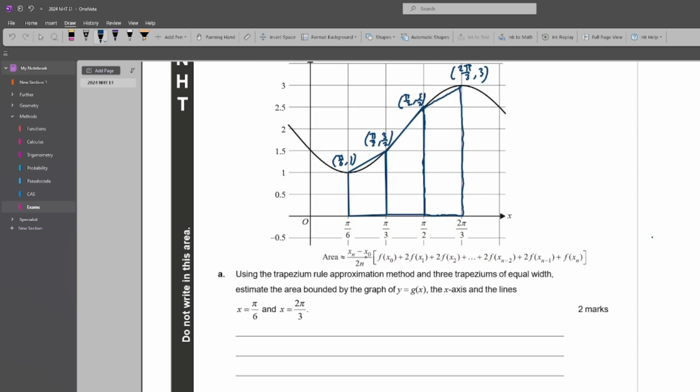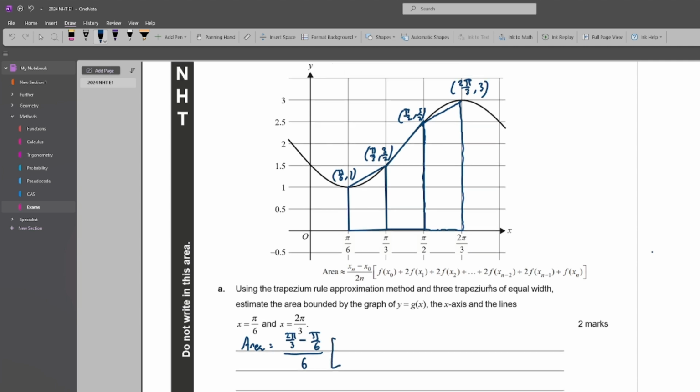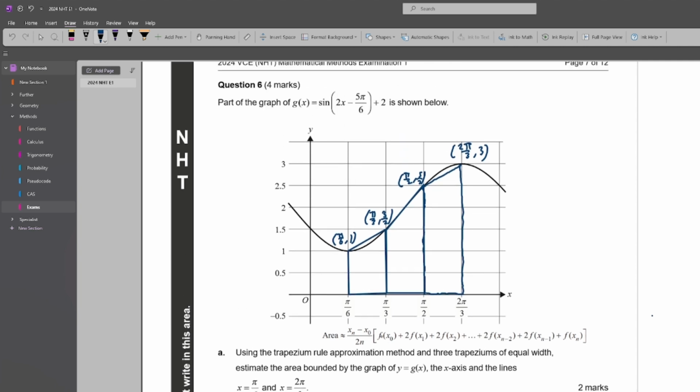Okay, xn minus x0, so the largest one is 2 pi on 3, and then minus x0, where we start, at pi on 6, over 2n, where n is the number of trapezoids, so 2 times 3 is 6. All times the value of the function at f0, so that is f of pi on 6, which as we can just see from here, is just 1.